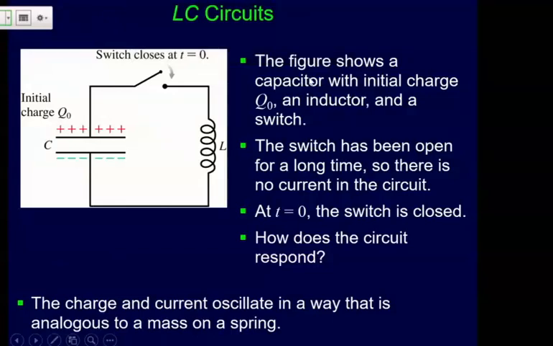We're going to assume that our capacitor is fully charged. So we assume that our capacitor is fully charged, and there's a switch open, and then we're going to close this switch and try to see what happens. Okay, and how does the circuit respond? Well, what's going to happen is the charge and the current are going to oscillate. So this will be an oscillator, and we're going to show that it's very analogous to a mass on a spring, which is something you probably talked about in 2A at length, right?